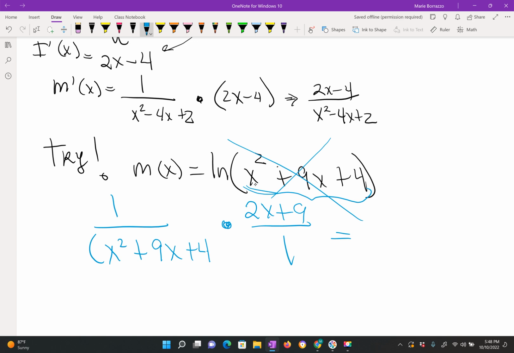This is basically the derivative of this. Do you notice the pattern is simply this will be your numerator over the denominator, and that's it. It's that easy. If you're taking good notes, that's good.